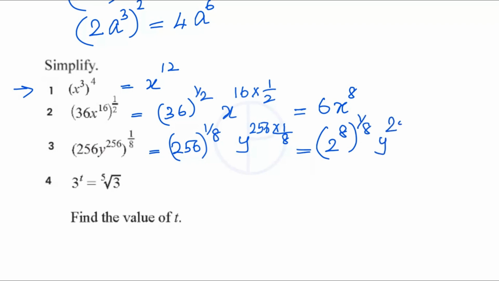Y power 256 multiplied by 1 over 8. So this 8 and 8 gets cancelled and this gives 32. So which is equal to 2 y power 32.